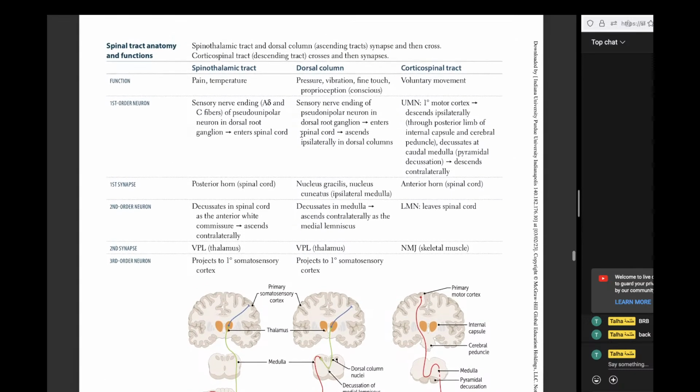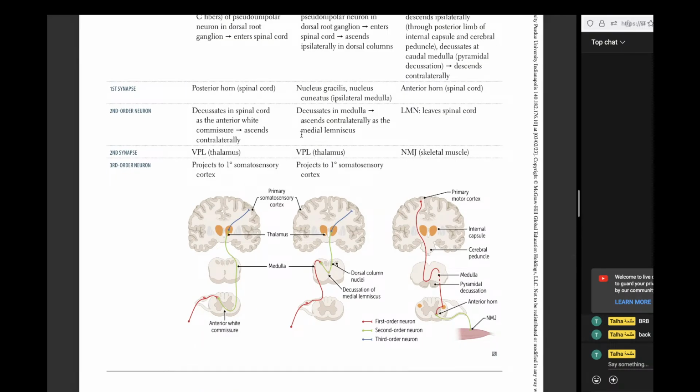Okay, this next one is the dorsal column, also sensory, but this one goes through the dorsal root ganglion, of course, but this one actually decussates at the medial lemniscus. And then the primary motor cortex, it decussates at the pyramidal decussation. Okay, perfect.